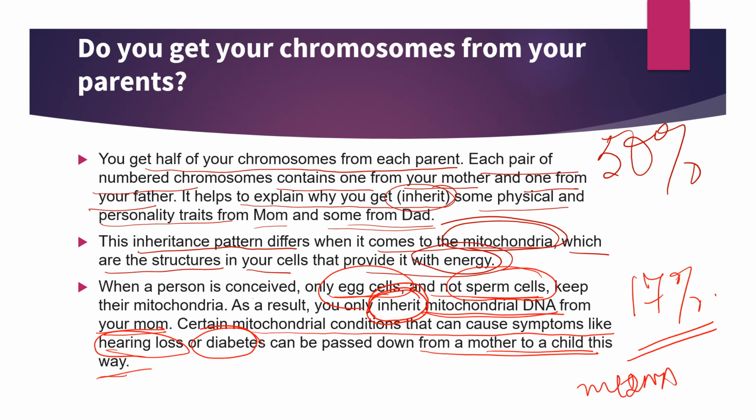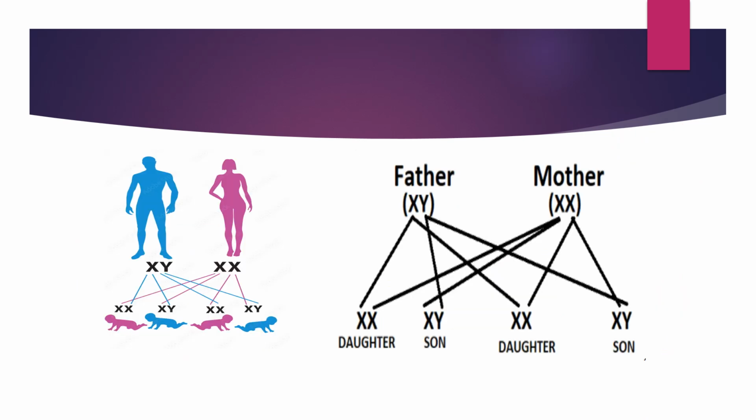So it is called mitochondrial DNA. It is passed on by the mother only, but in 17% of the cases, it is also seen that it is passed on from the father as well. So these are the main two diseases, like diabetes and hearing loss. Now let us move on to a detailed description of a few things.